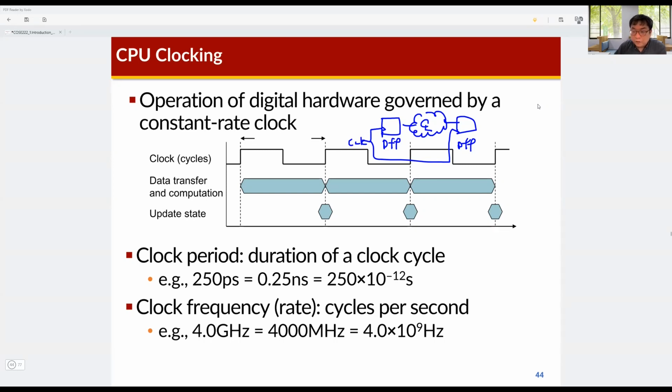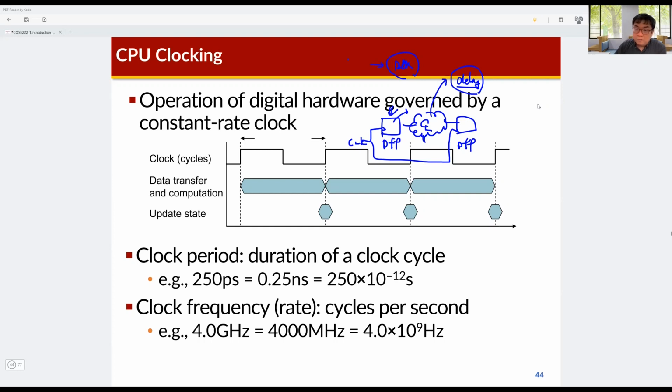The combinational logic has some execution delays. The first D flip-flop gives input signals to this combinational logic, which is just like a black box.